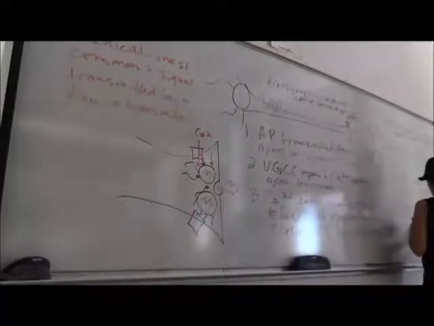So for our sixth step, we'll say we terminate the effects of our neurotransmitter. And this is going to happen one of three ways. What we call reuptake. And this will happen by the sending neuron or by an astrocyte.